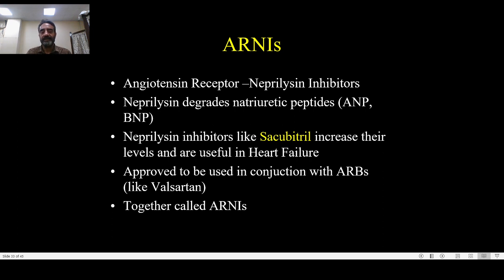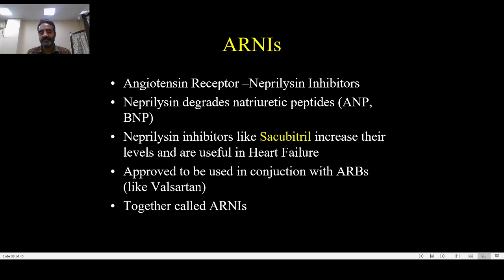ARNIs are actually the combination of angiotensin receptor blockers and neprilysin inhibitors. What is neprilysin? It is an enzyme which degrades natriuretic peptides. If neprilysin is inhibited, then more of the endogenous natriuretic peptides are available.